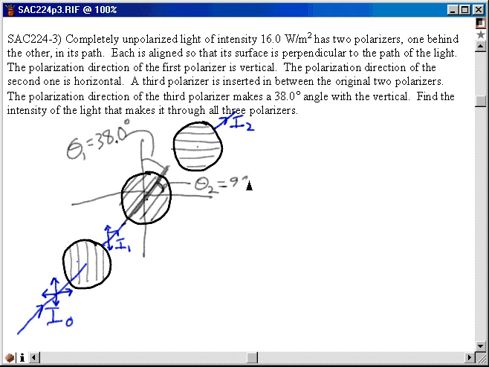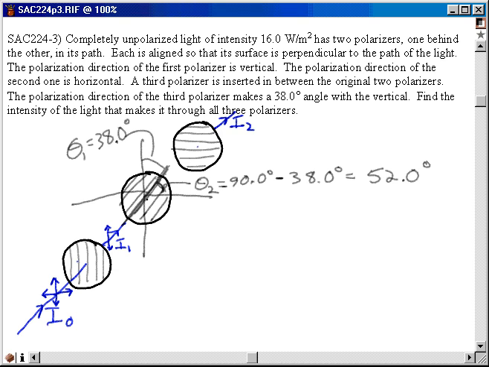But that angle is going to be 90 degrees minus 38, and I'll write it to 3 sig fig since that's what my other angle is written to, out to one place past the decimal, since I'm doing subtraction. So that's 52.0 degrees, so that these two add up to 90.